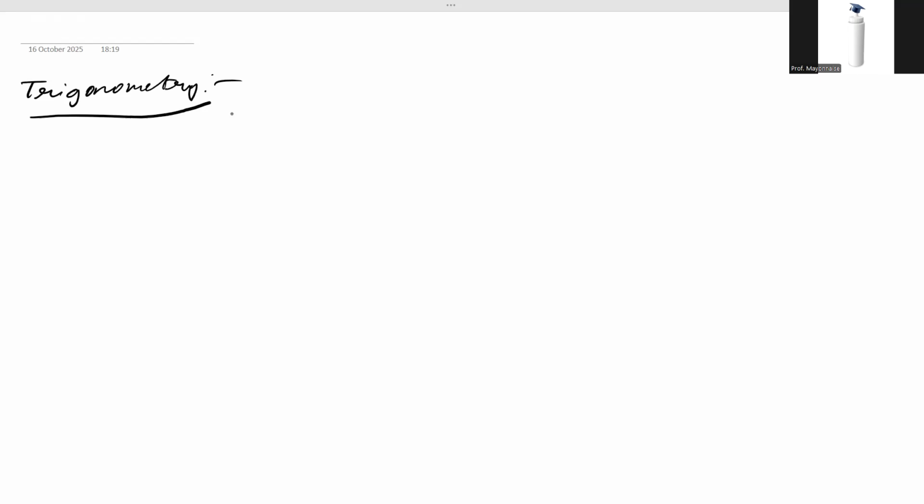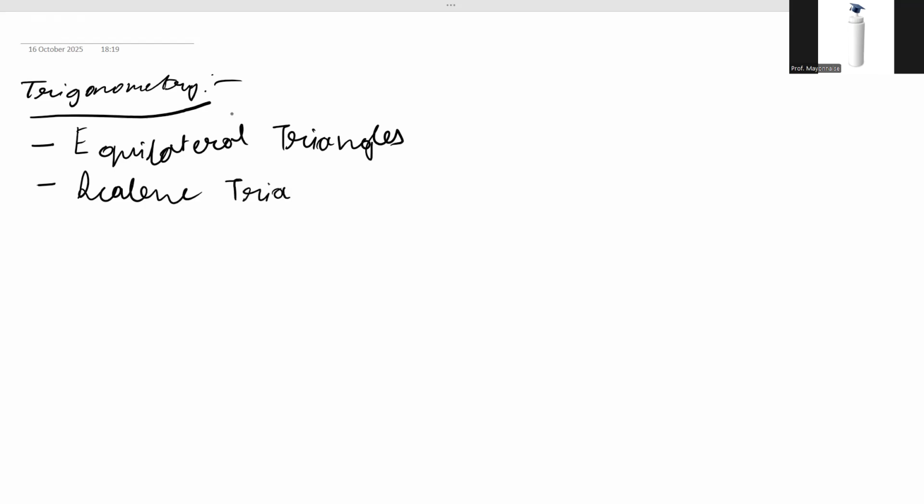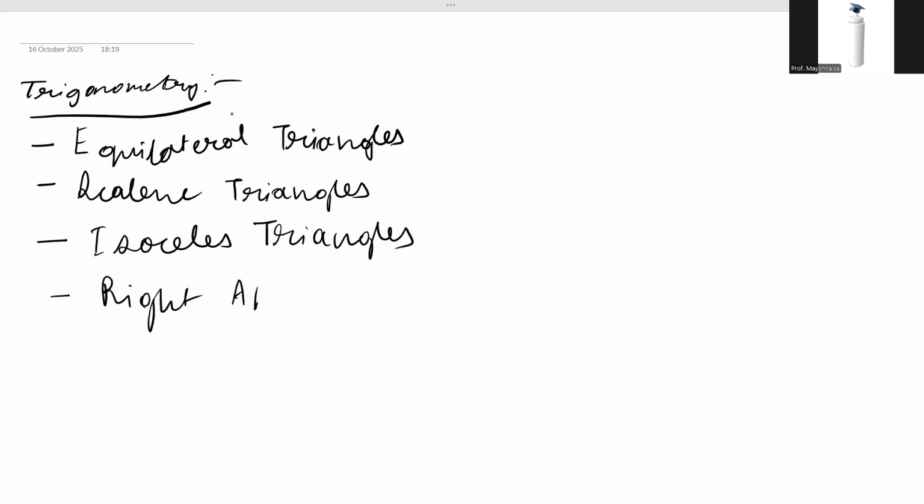Now there are a few cases of triangles. You've got equilateral triangles, scalene triangles, isosceles triangles, and right-angled triangles.